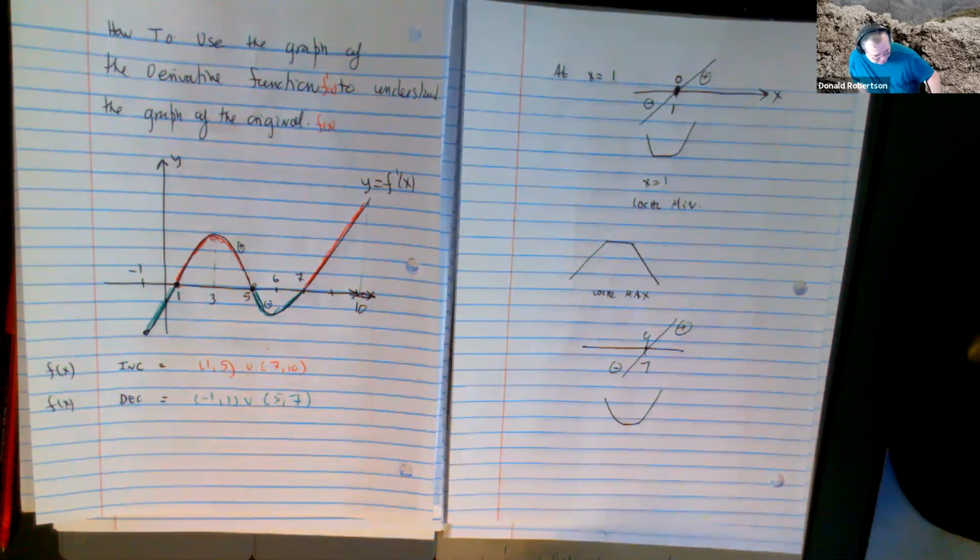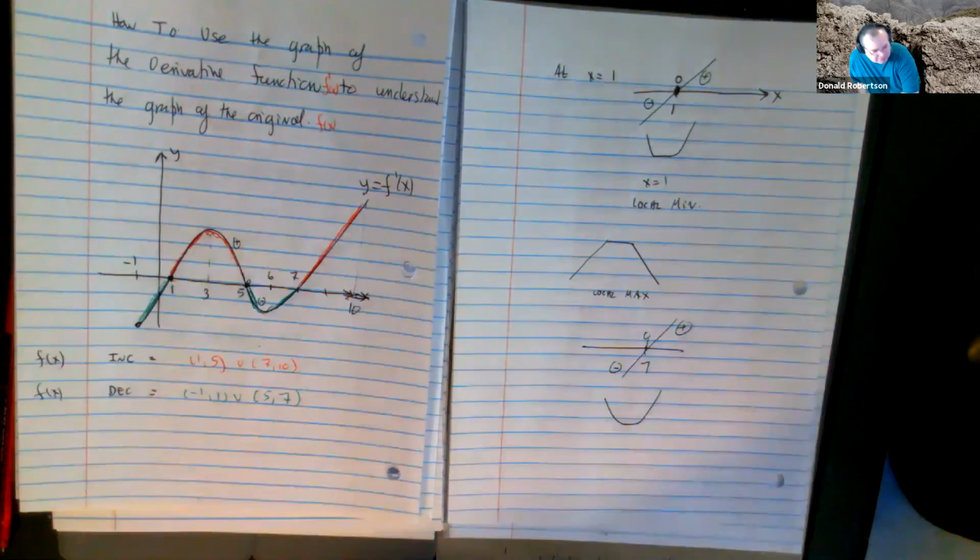This derivative function is telling me that there are 2 points of inflection. Now, it only tells me the x coordinate of them, right? The y coordinate you could only find out once you knew what the function was called. But I can tell it has 2 points of inflection. Can you tell me the x coordinate of either of them?